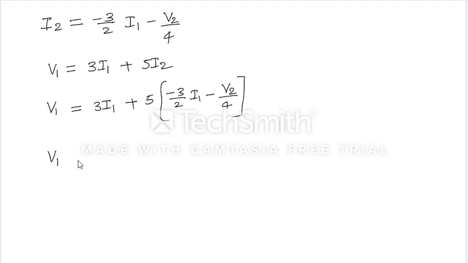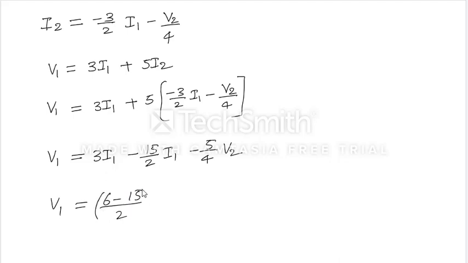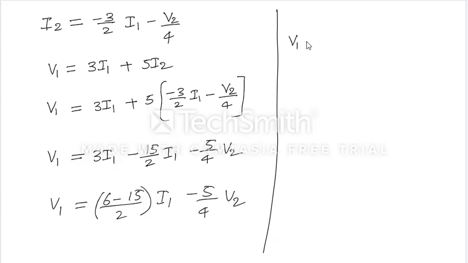So from this, V1 is equal to 3I1 minus 15 by 2 I1 minus 5 by 4 V2. So V1 is equal to 6 minus 15 by 2 into I1 minus 5 by 4 into V2. So V1 is equal to minus 9 by 2 I1 minus 5 by 4 into V2 now.